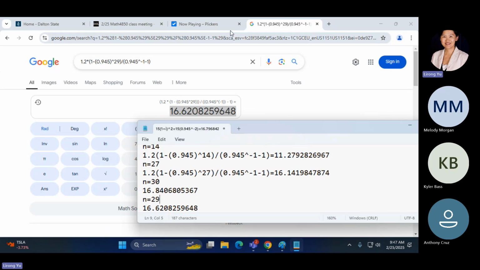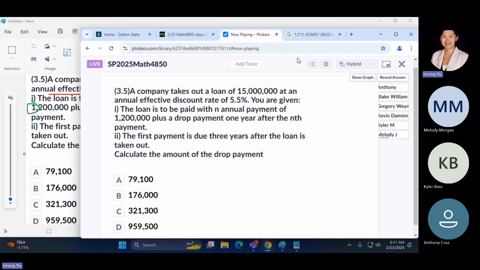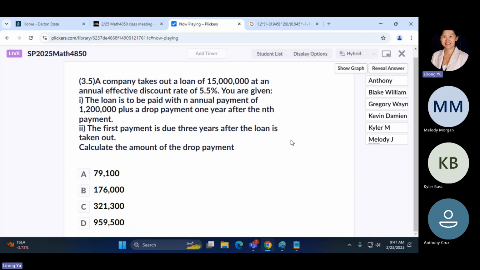Back to the question that we have here: this is using different payment sizes to figure out the number of payments that we were supposed to be paying. So it looks like we're paying 29 payments of the 1.2 billion, paying it for 29 years. Now, what's the last payment? That will be the question.